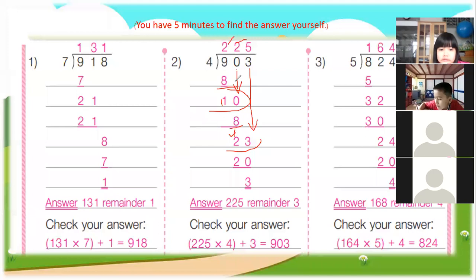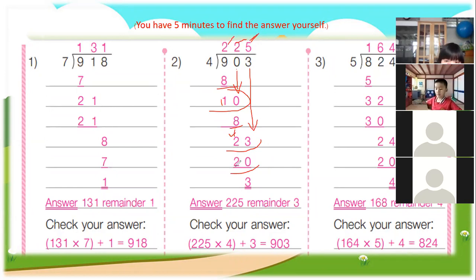If we use the table of 4, 4 multiplied by 1 is equal to 4, 4 multiplied by 2 is equal to 8, 4 multiplied by 3 is equal to 12, 4 multiplied by 4 is equal to 16. So 4 multiplied by 5 is 20. So 20 we are going to write here, and 5 we're going to write on top of the 1 place at the quotient.